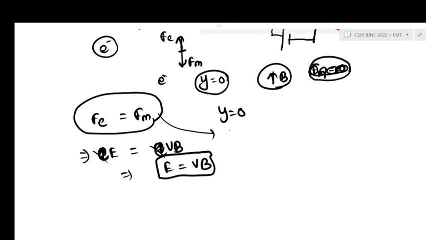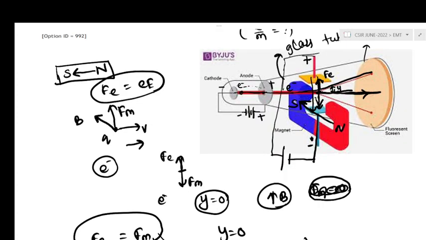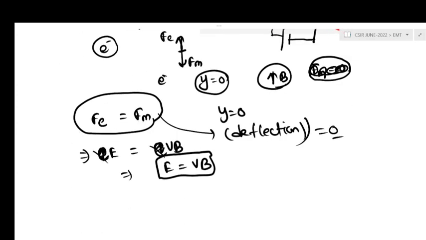See, we have to write here that when deflection is zero, the electric force and magnetic force are equal. And here energy is also conserved. By energy conservation you can say the potential energy, that is eV, is equal to the kinetic energy because of the motion of the electron.